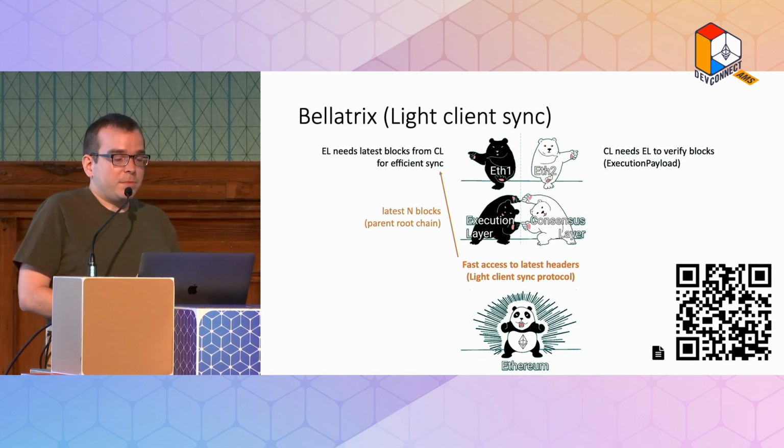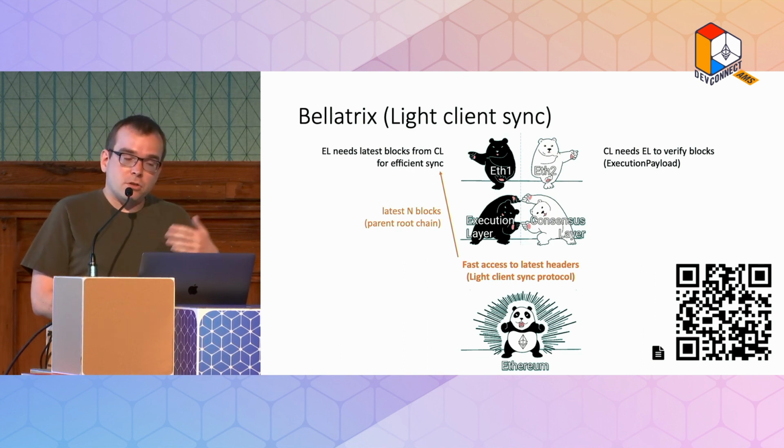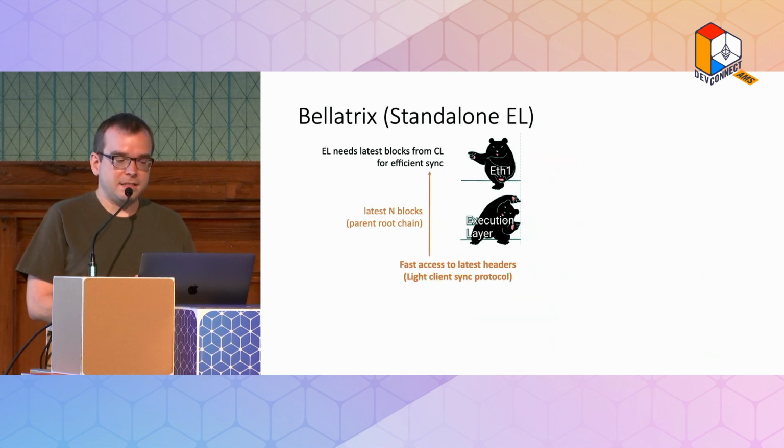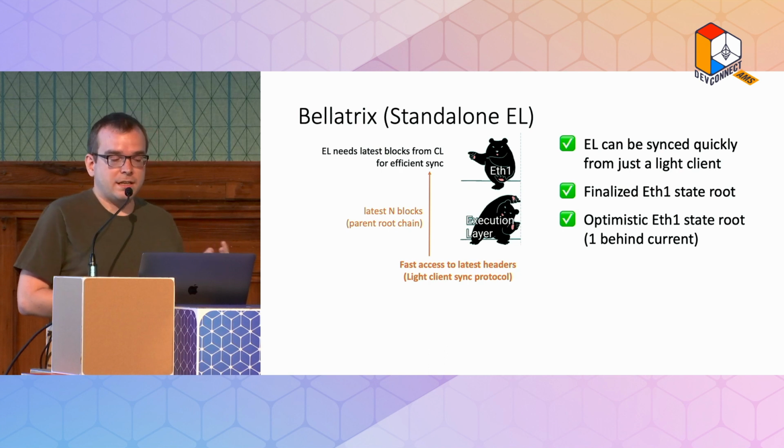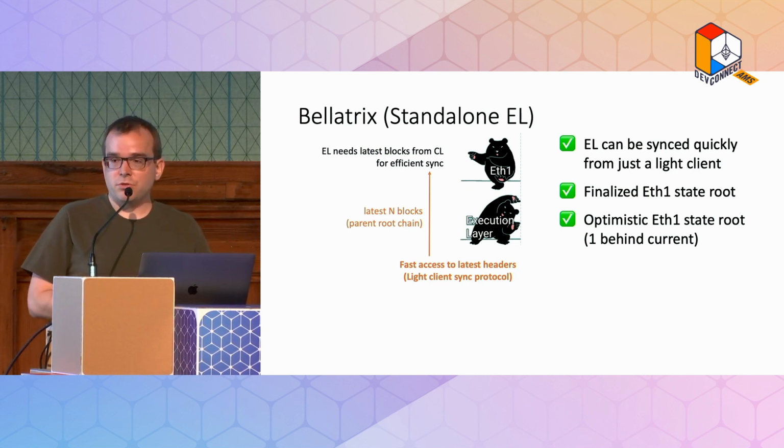Besides offering a replacement for optimistic sync, you can also run an EL without a CL now, because the Light client itself is sufficient to sync the EL. And you get access to the finalized and optimistic ETH1 state roots as well through Merkle proofs.